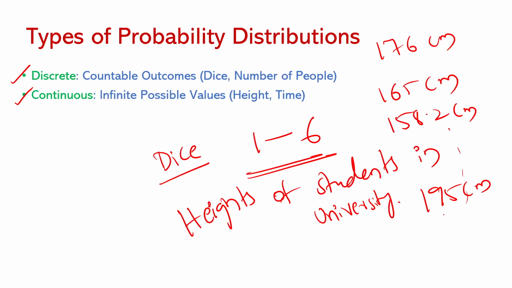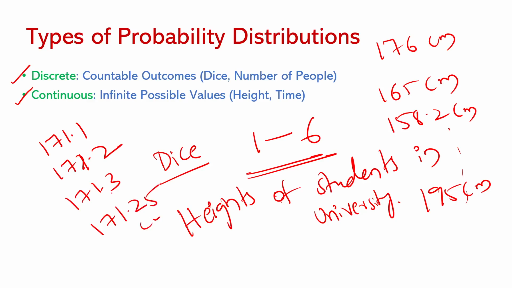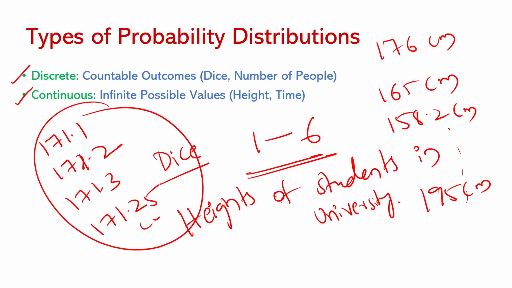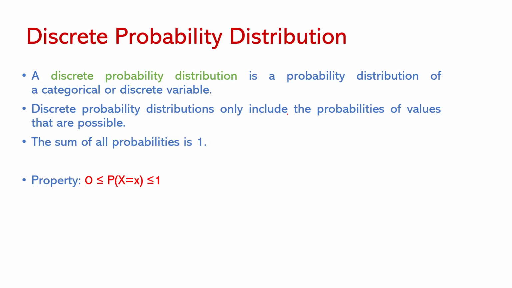It could be any number. We do not have any limit. Infinite possible values are there. Why? Somebody can be 171.2 centimeters, 171.3 centimeter, 171.25 centimeter. Like this, it could be n number of values. So the distribution which has infinite possible values is called continuous probability distribution, right?